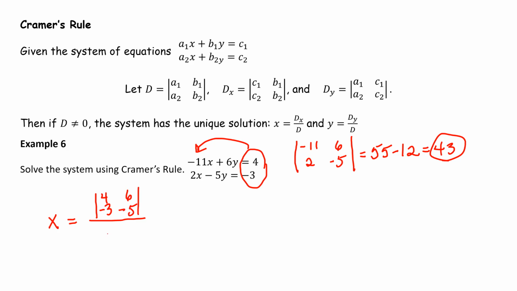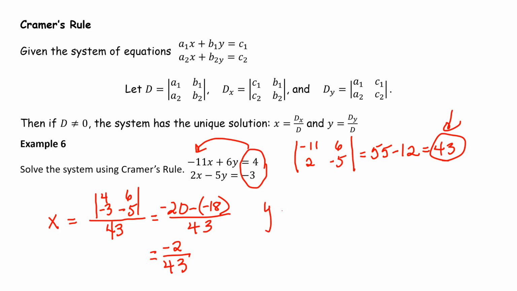And then the denominator is going to be the determinant of the coefficient matrix, which we found over here, which is 43. So that means that x is negative 20 minus negative 18 all over 43, and that is equal to negative 2 over 43. And so that is x.